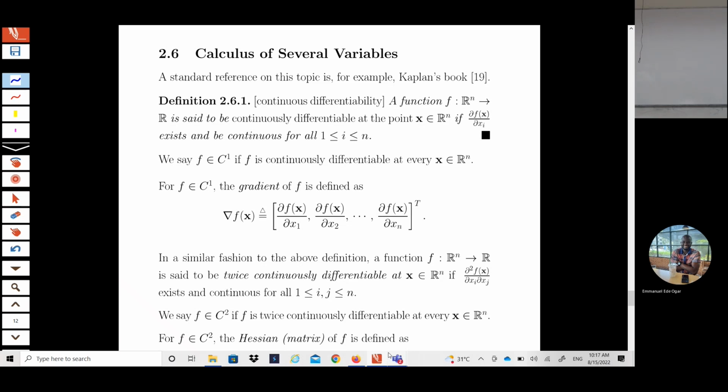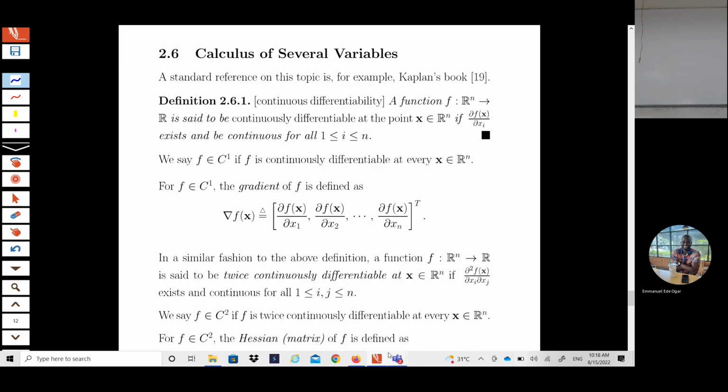So a real value function f of n variables is said to be continuously differentiable at a point x if all partial derivatives with respect to xi exist and are continuous for all i.